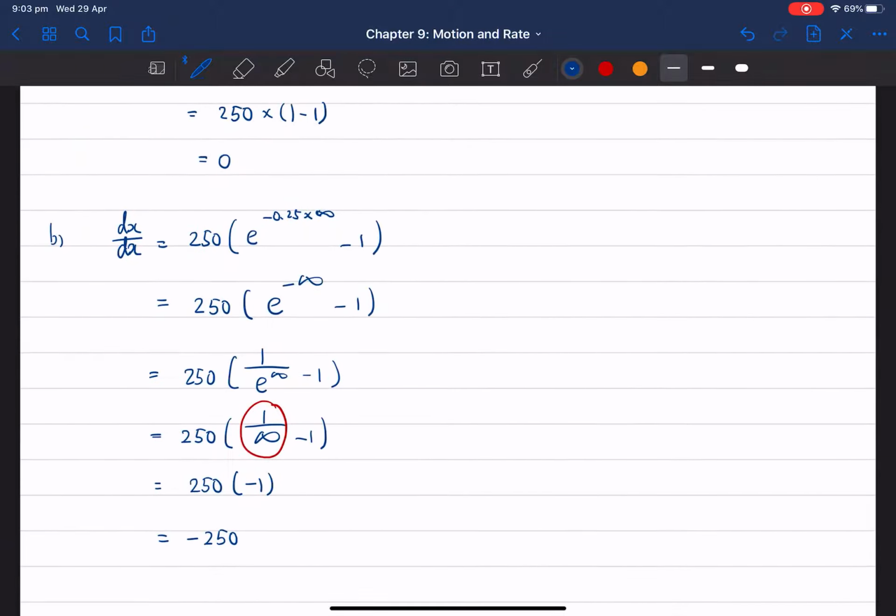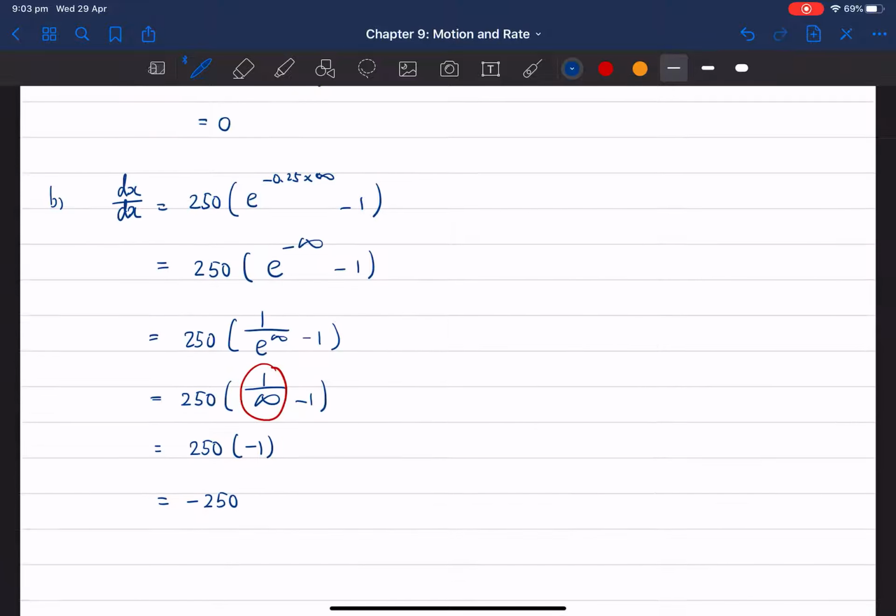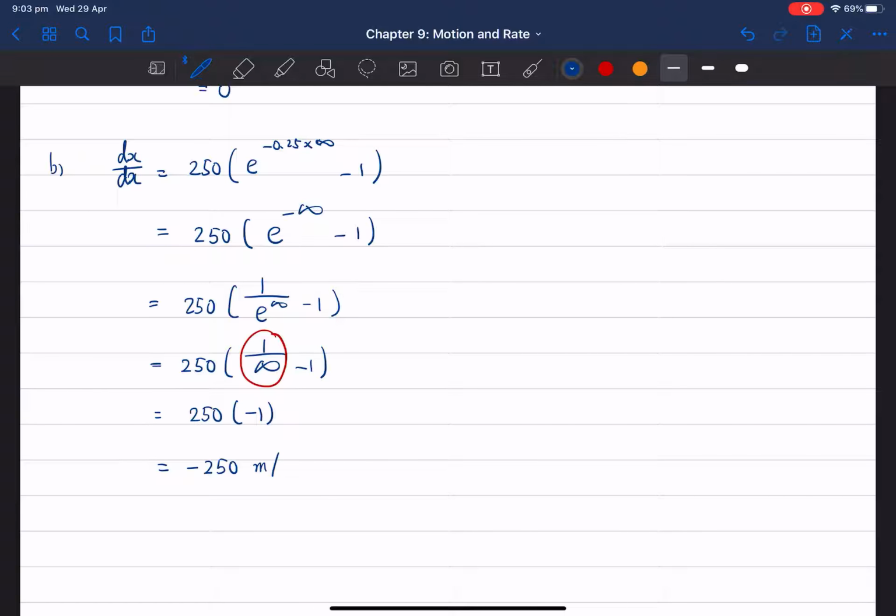So here's the answer, right? But the problem with that is we know the speed is never going to be a negative number. It's the velocity. However, that dx over dt is the velocity, but the question asks us to find the speed.